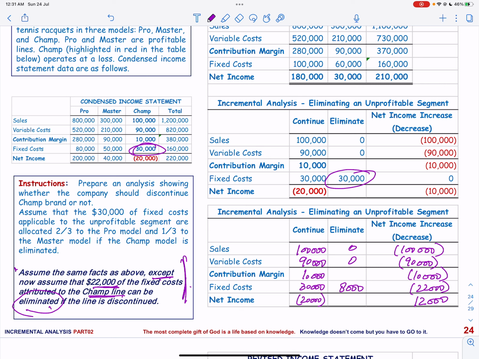In this case you can see that because the company is able to eliminate some of its fixed costs by eliminating the division, it can increase its net income by 12,000. This has occurred because the 22,000 saving from the eliminated fixed cost exceeds the 10,000 in lost contribution margin by 12,000.